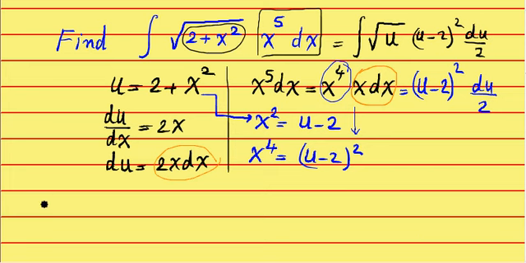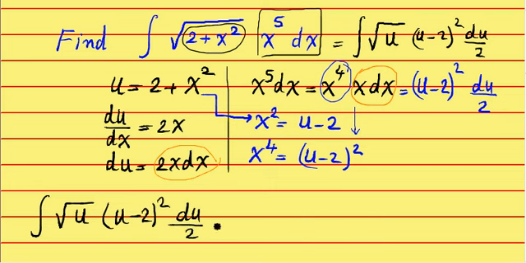Now let's go ahead and do that integral. That integral says radical u times u minus 2 squared du over 2. I do 2 things here, or maybe 3 things. I put the 1/2 outside. Radical, I write in the fractional exponent.